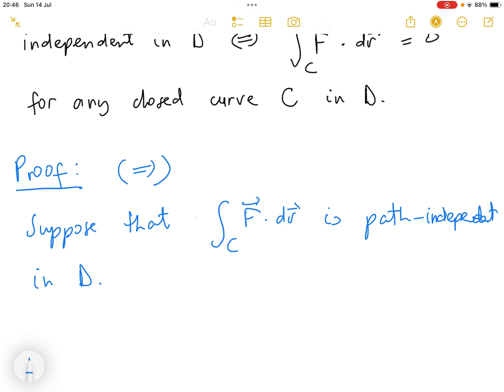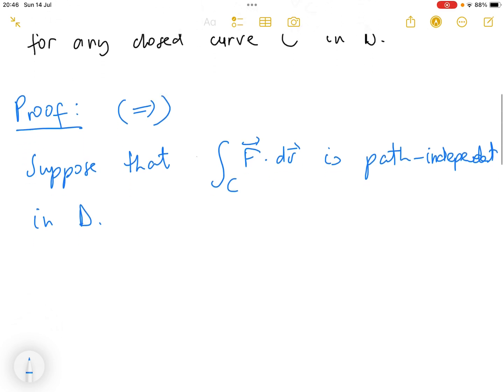So what does this mean? This means that if I calculate the line integral of f along any two curves that have the same starting point and the same end point, then the two line integrals will be equal.